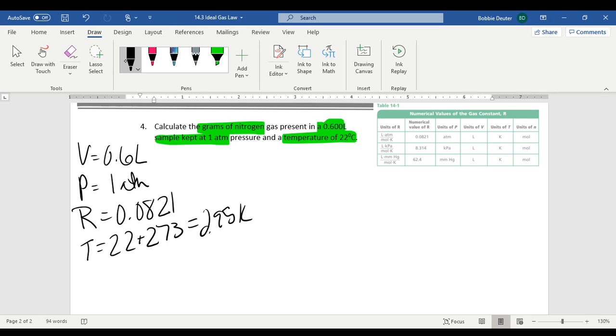In this case, we still want to use the equation PV equals nRT, and we want to solve for moles because we already know how to convert grams into moles by using the molar mass conversion.